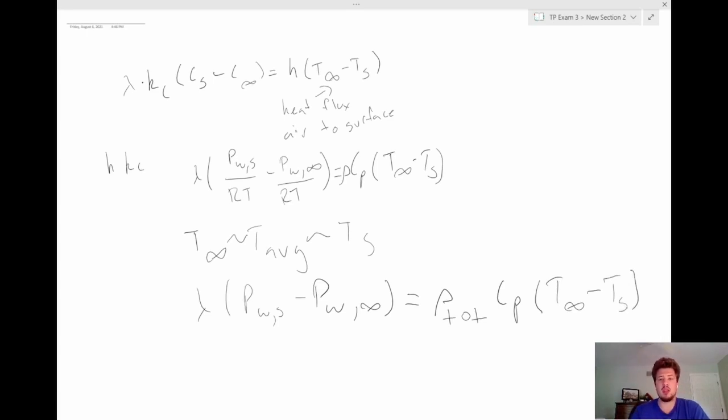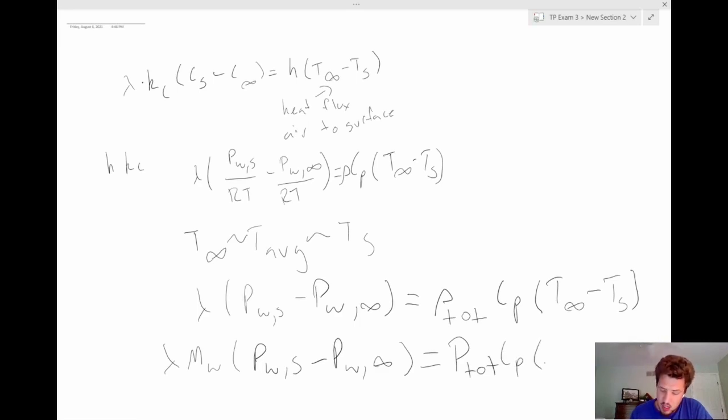Now we want to incorporate this as an energy balance. So then we will plug in the molecular weight into this function. So then we're left with lambda, the molecular weight of water, multiplied by the partial pressure of water at the surface minus the partial pressure of water from the surroundings, equal to the total pressure of the system, multiplied by Cp, and the temperature away from the surface minus the temperature at the surface.